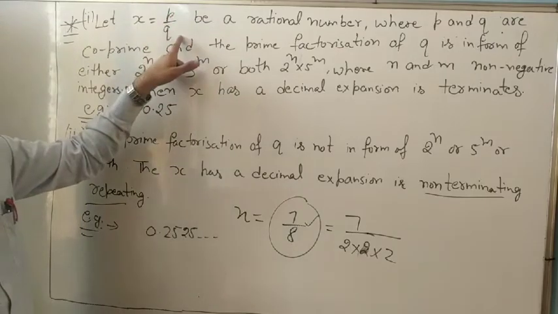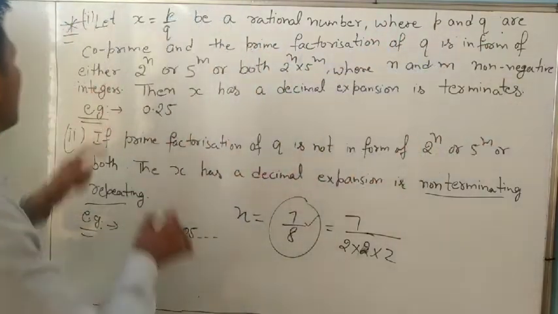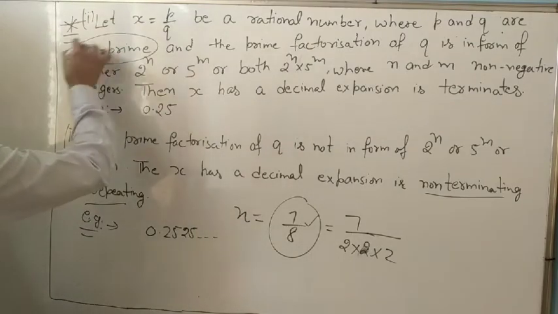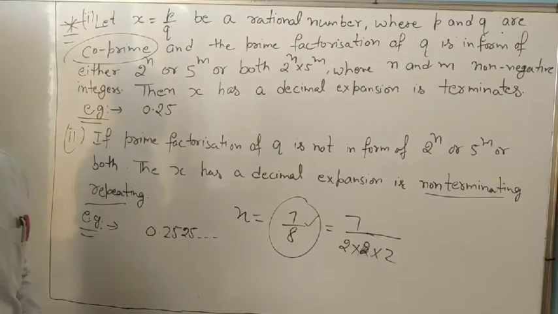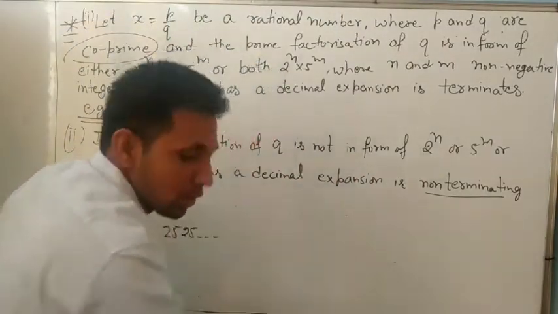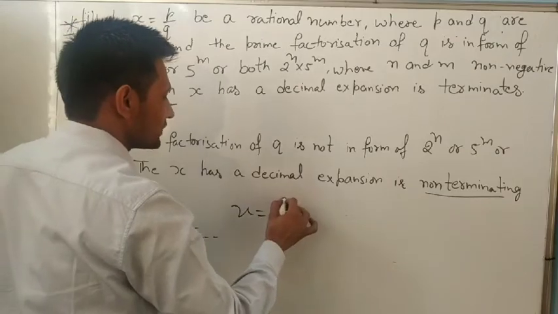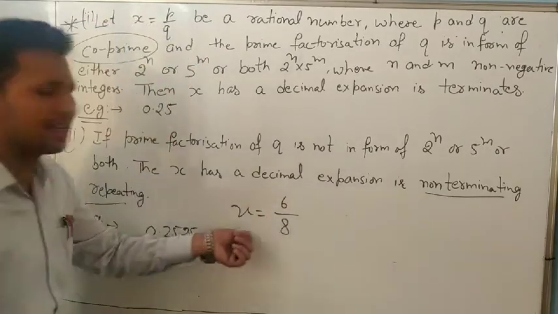If x is a rational number, we can write x in p by q form, where p and q are, very important, co-prime. What is the meaning of co-prime? Suppose x equals 6/8. It is a rational number.